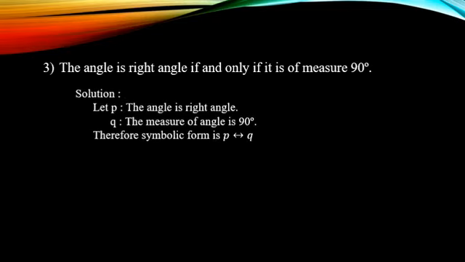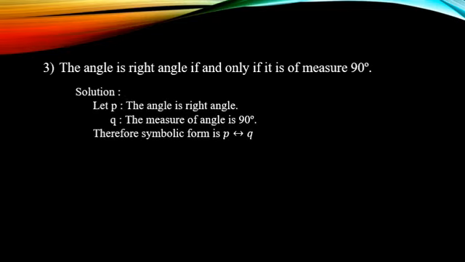Our answer is, let P denote the angle is right angle, Q denotes the measure of angle is 90 degree. Therefore, the symbolic form of the given compound statement is this one, and this is read as P double implies Q.